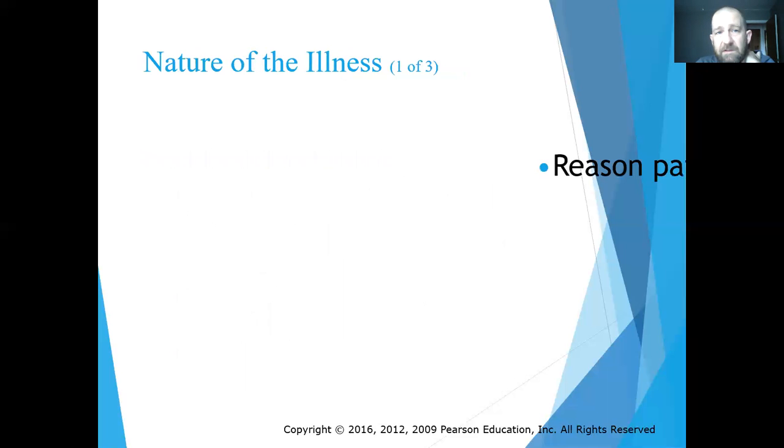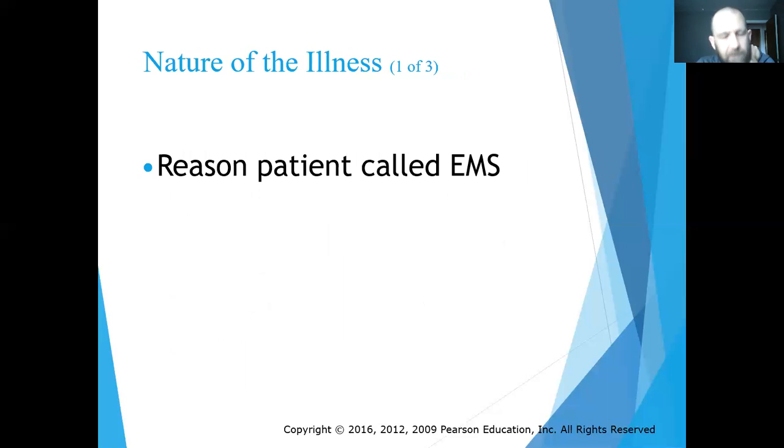All right, nature of illness. This is the reason why we're called. We know this. It's why they're sick, or why they called. It's not how they got sick. It's just what they're sick with. What is the issue they're dealing with right now? So it could be trouble breathing, chest pain, diabetic emergency, seizure, or a mental health emergency.